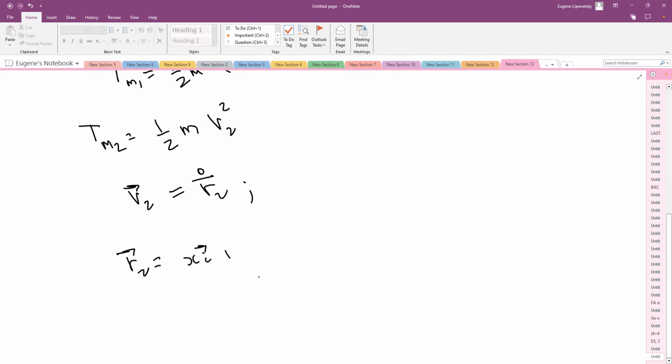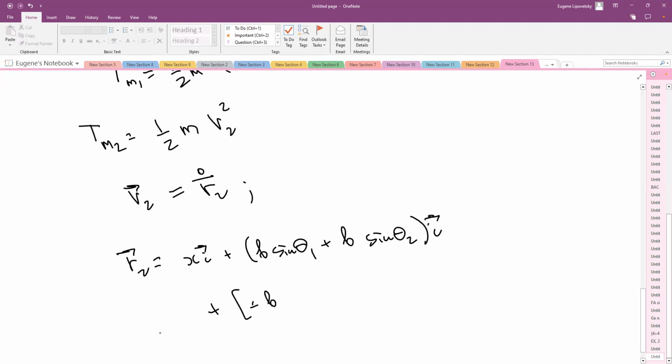Plus, on the horizontal component, B sine of theta 1 plus B sine of theta 2 times i, and plus the vertical one, plus B cos theta 1 plus B cos theta 2 times j.